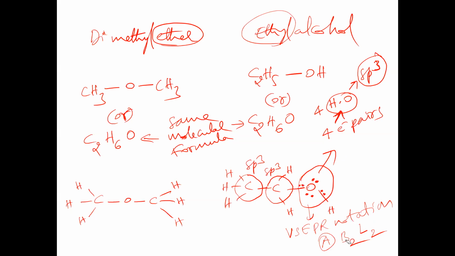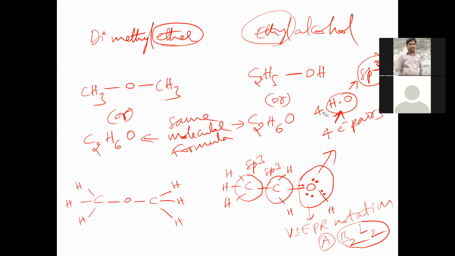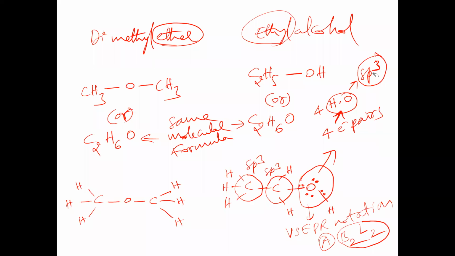Totally 4 electron pairs indicates 4 hybrid orbitals, which indicates sp3 hybridization. So on this oxygen atom, sp3 is there. Everything we have to understand here.